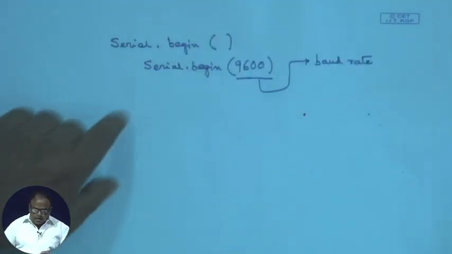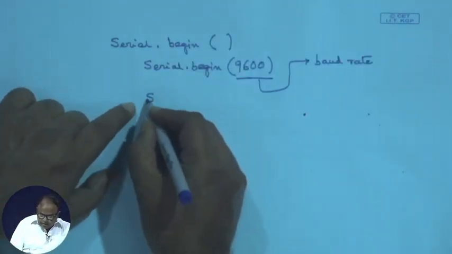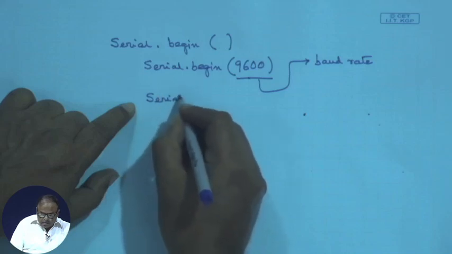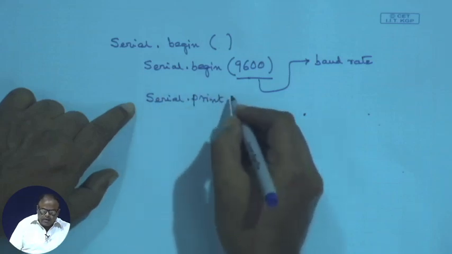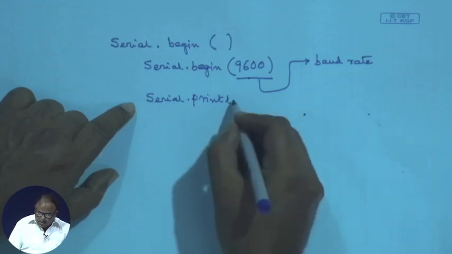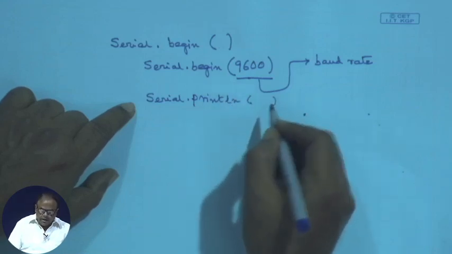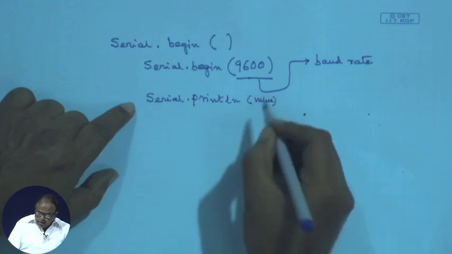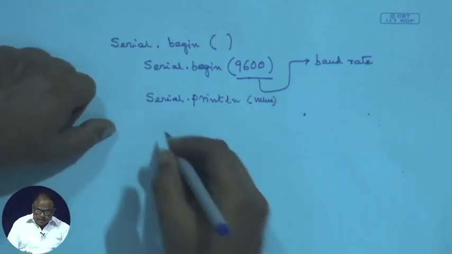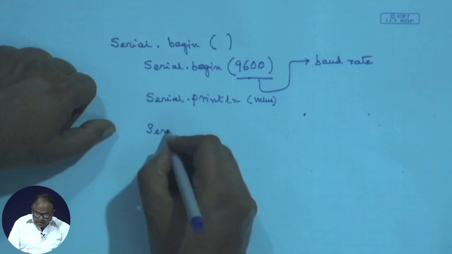Similarly, there are other commands like Serial.print, or sometimes Serial.println. You can put some value here and you can print it. Similarly, you have got Serial.read.